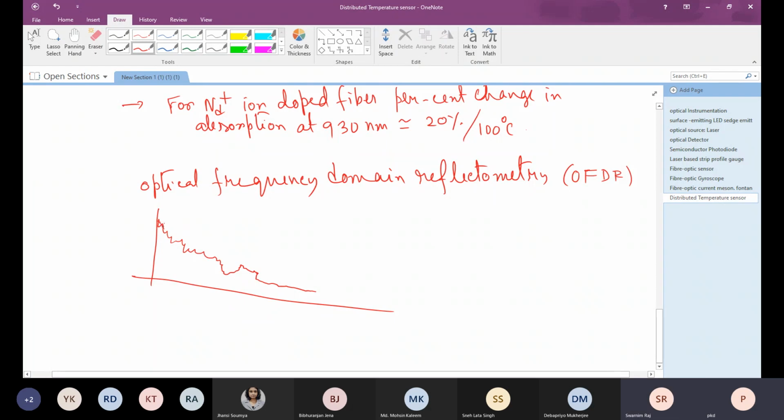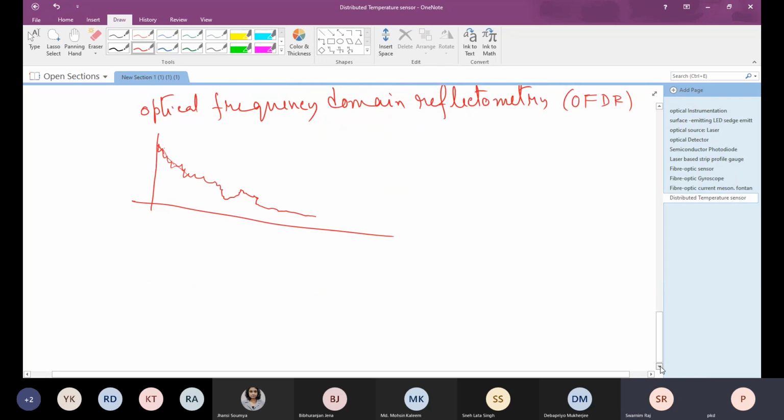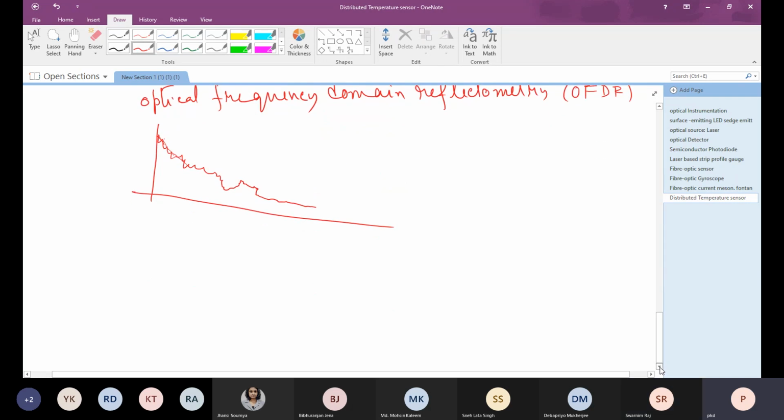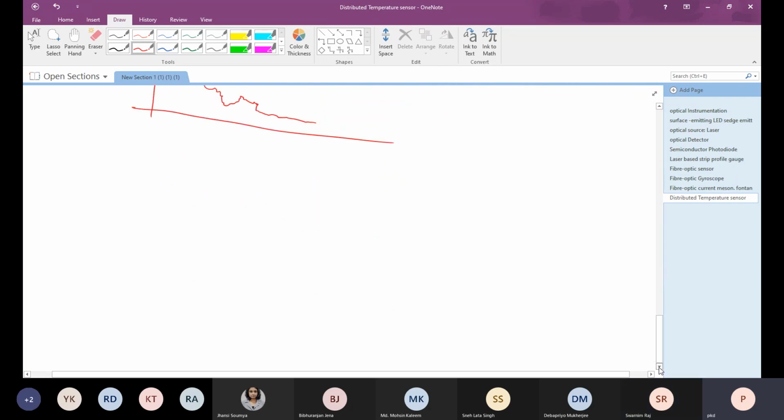Otherwise, what happens is there will be an exponential decay of the power. By that law it is there. And that exponential backscattering could be due to the normal scattering.